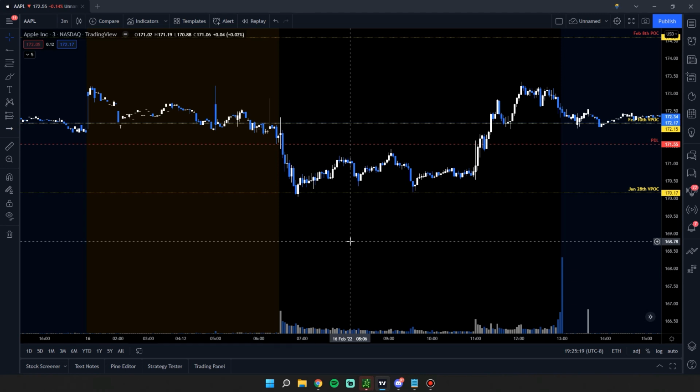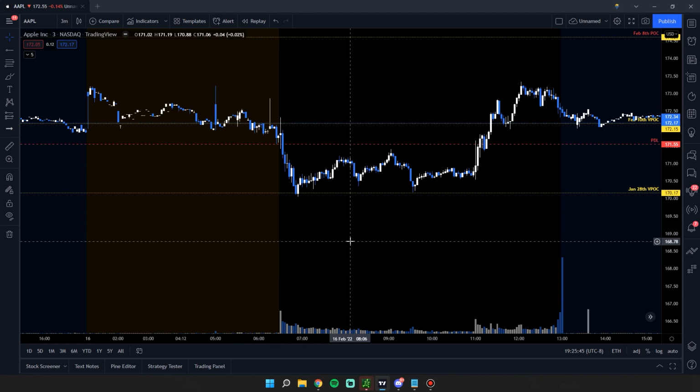So for every 100 trades that you take, you only have to be right 34 out of 100 times, which is very easy to do. So if I talk about myself as a trader, I'm correct roughly 70 to 90% of the time. And so as long as I'm taking that 2-to-1 risk reward, I'm very profitable.